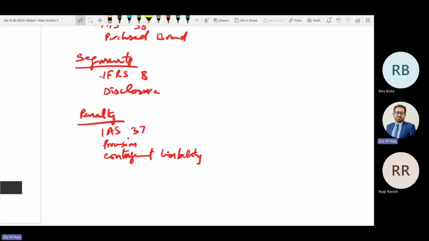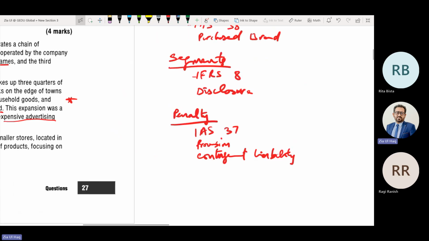And in case of no provision, expenses and liabilities could be understated and profit overstated. Even if not meeting the conditions of provision, there must be contingent liability disclosure. And in case of no disclosure, the financial statements could be misstated. For 2 marks, we will discuss this.